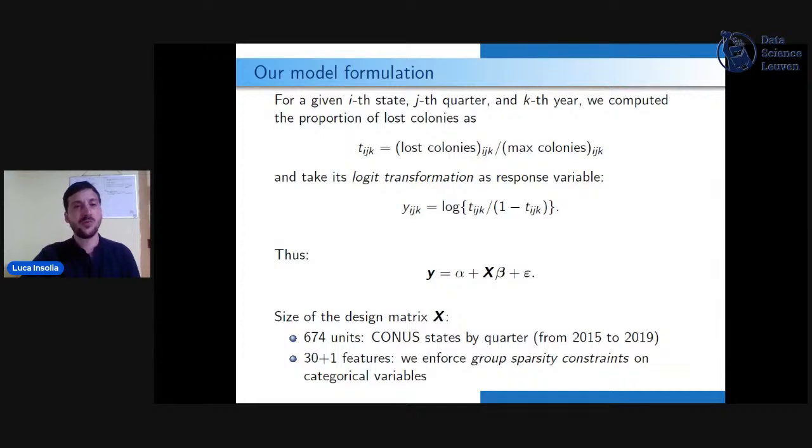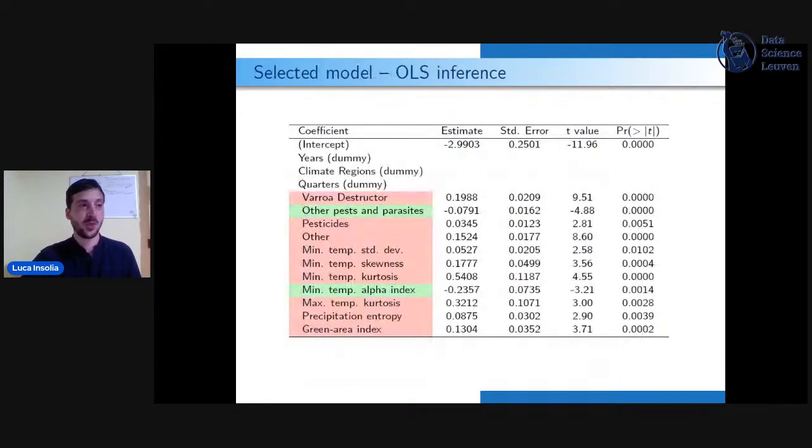We will also enforce into our combinatorial machinery the so-called group sparsity constraints, meaning that categorical features such as the region or the year are represented with dummy variables, and so they will be fully included or excluded from the model. And this is something which is not often straightforward with other methods.